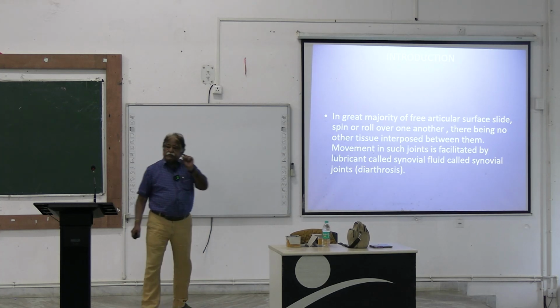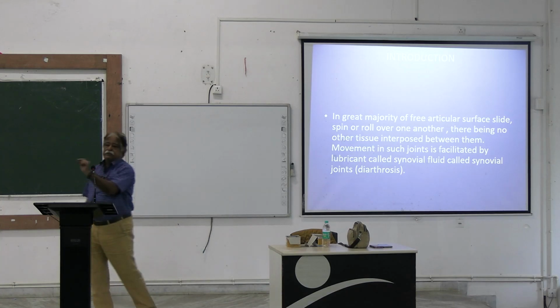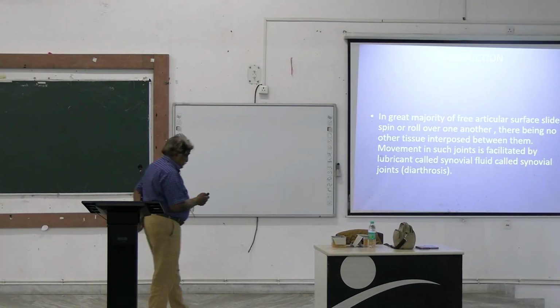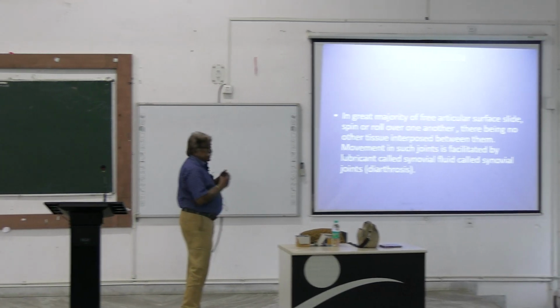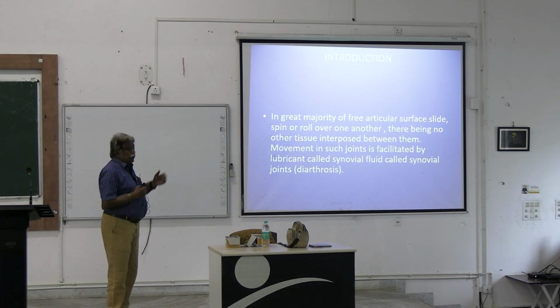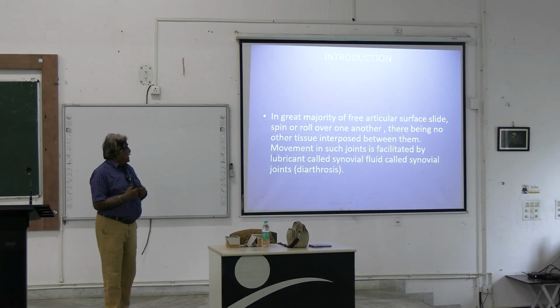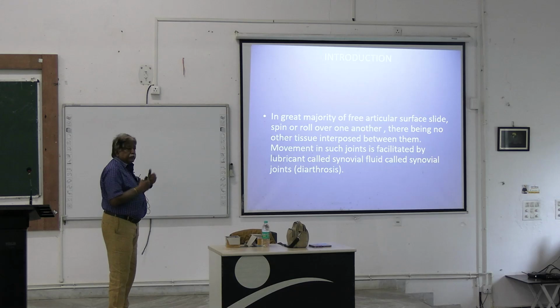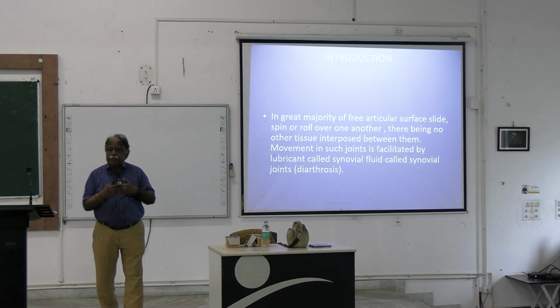It can be an MCQ, diarthrosis. So it has to have two bony surfaces, the synovial fluid is there as a lubricant, and no other tissue is interposed between them.